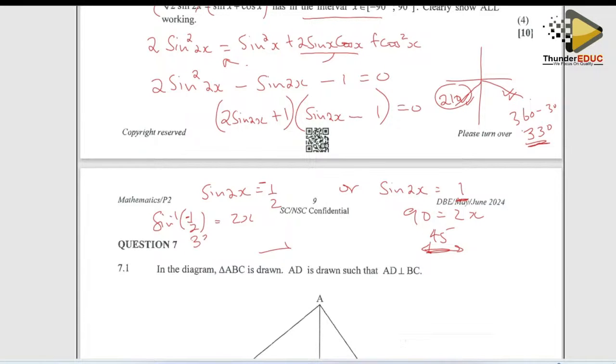So it's going to be 330 divided by 2, which gives me 165. And then if I look at the 210 divided by 2, I'm getting 105.